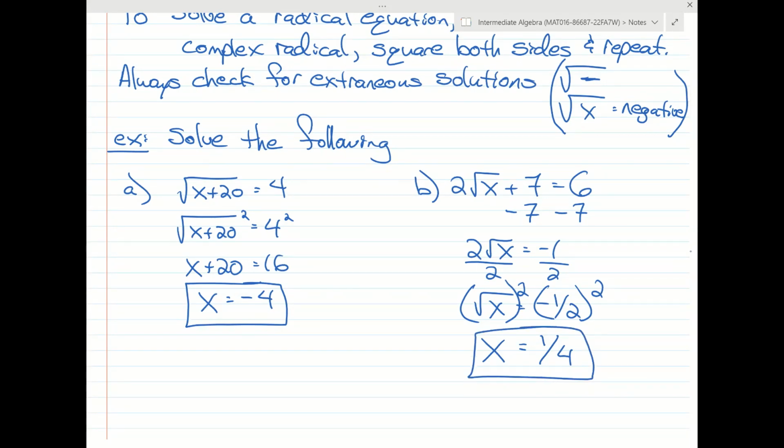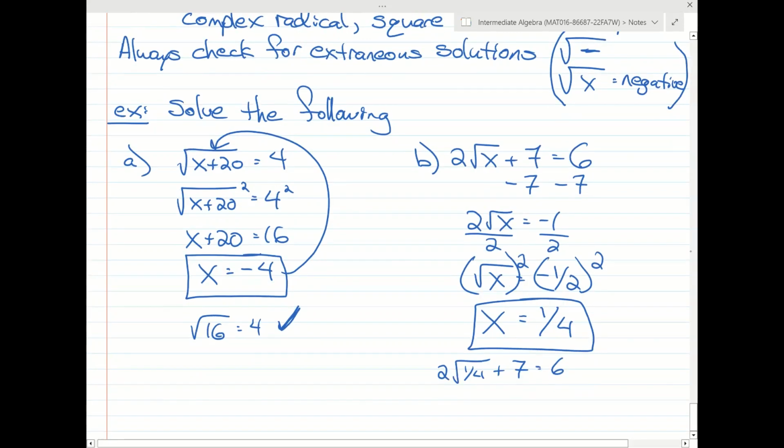The problem is we should check our answers. If you were to plug in negative 4 here, negative 4 plus 20 is the square root of 16, which is 4. So this works. If you plug in 1/4, you get 2 times the square root of 1/4 plus 7. 2 times 1/2 is 1 plus 7, which is 6.